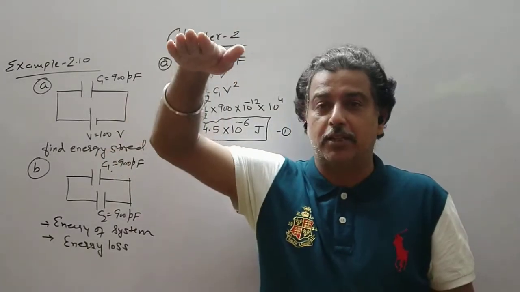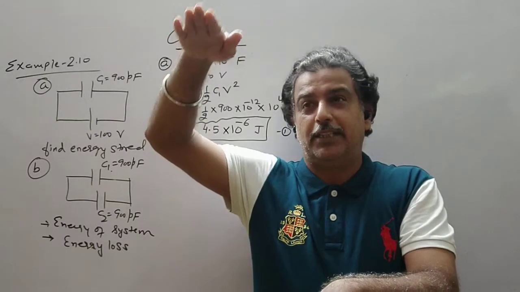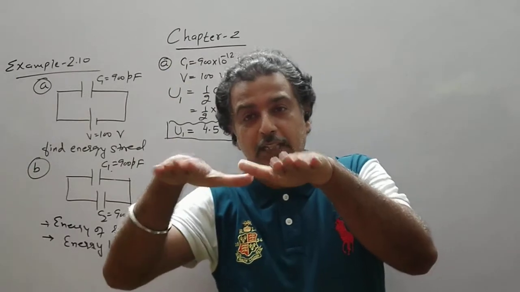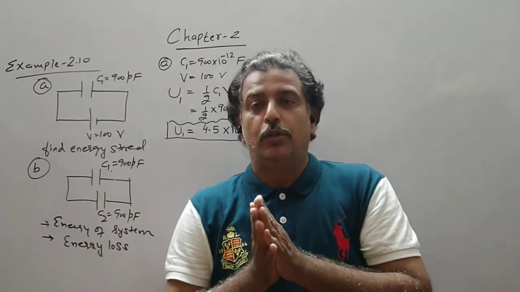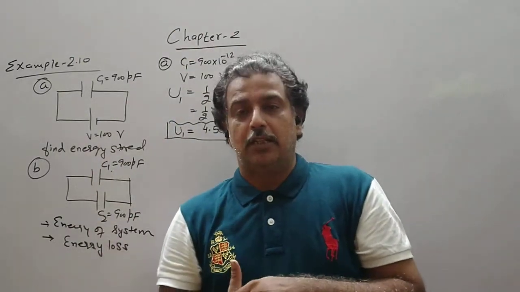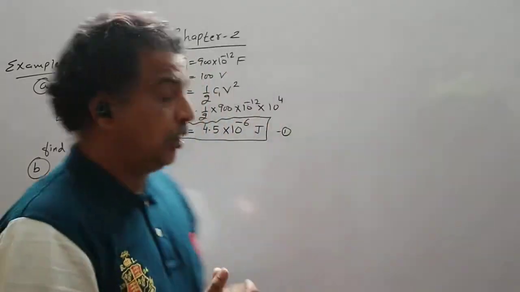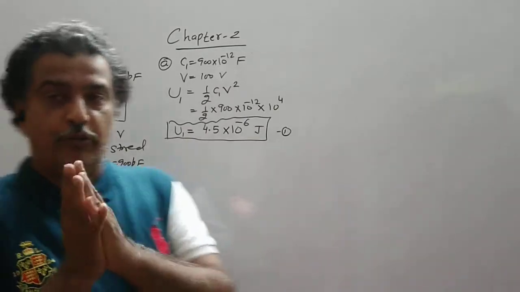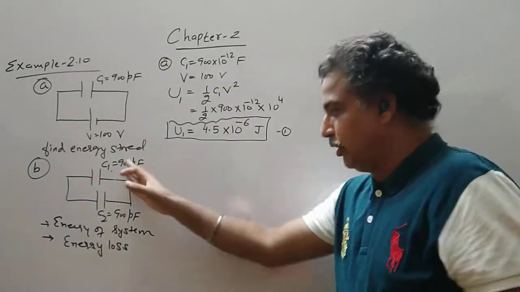This is fully charged and initially C2 is 0. Now its charge will keep on decreasing and the other will rise. Now this height difference means potential difference here. So the capacitor C1 will get discharged till the potential becomes equal. That is called a common potential. We can find the common potential also, there is a formula for common potential, but this numerical can be easily done because the capacitors are identical.